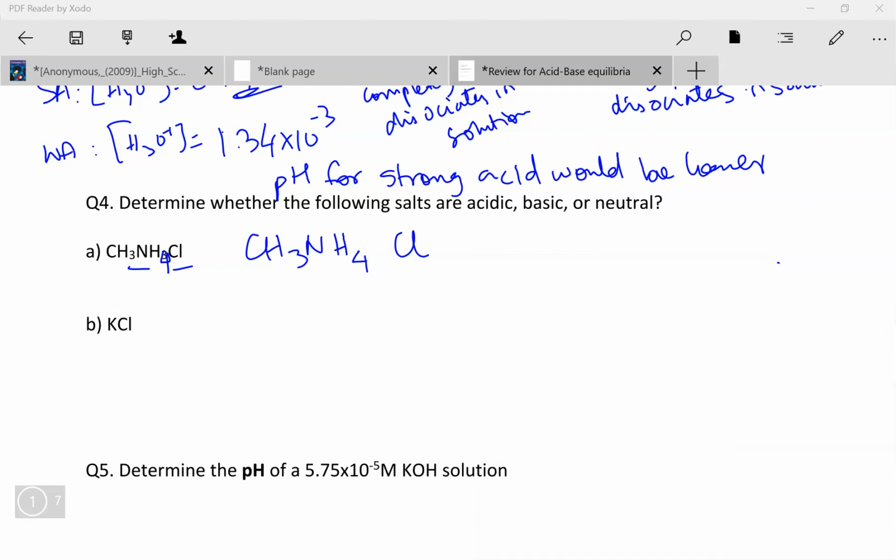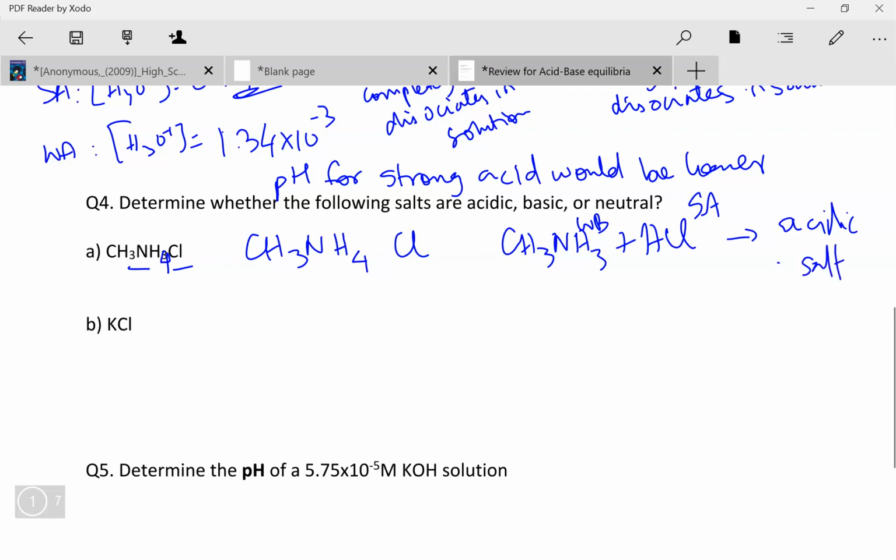Okay, I fixed that on the hub, and so therefore this should be this salt, and you can kind of tell that this came from CH3NH2 plus HCl, and therefore this was a strong acid weak base combination which resulted in an acidic salt. We can also tell because for this ion, if you add this to water, there's no reaction.